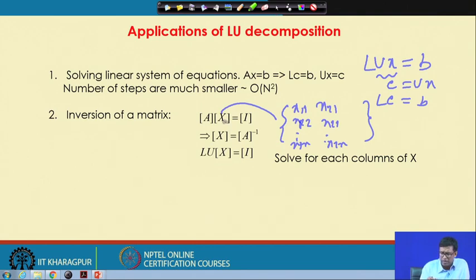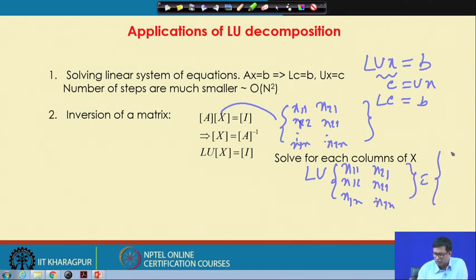We multiply A with X, which gives us the identity matrix, therefore X should be A inverse. Now, instead of A, we write LU. So, we get LU into X equal to an identity matrix, 1 0 0, 0 1 0, and so on.